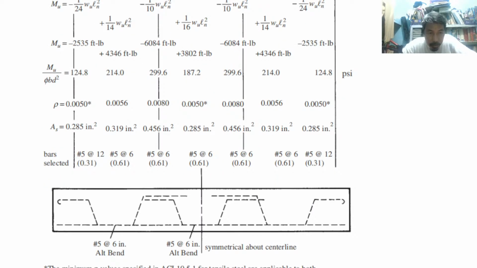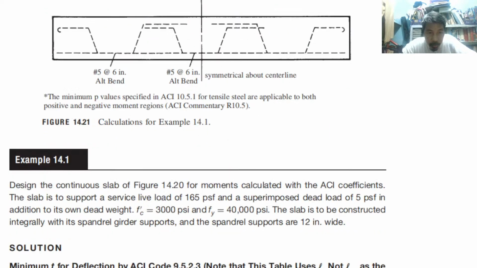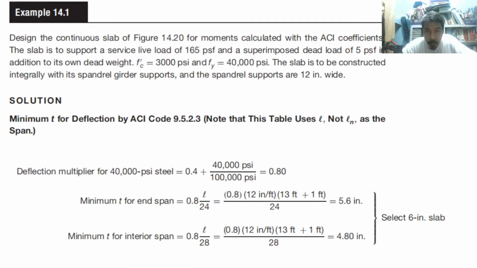Therefore, going back here, the minimum T for deflection by the ACI code. Note that this table uses L, not LN. The deflection multiplier for grade 40 is 0.4 plus 40 divided by 100, that is 0.8.